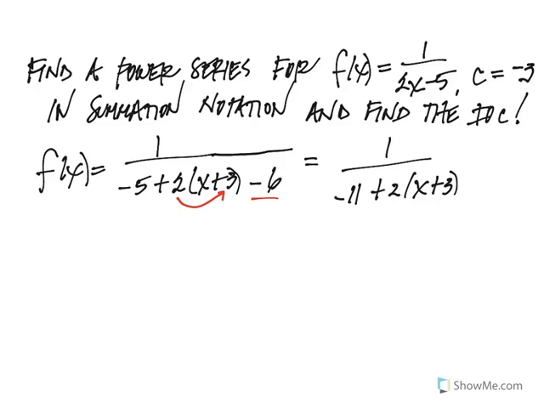Now I need to divide everything by -11 because I need this first term here to be 1, because it is a sub 1 over 1 minus r. That means now my f of x, this gives me f of x then is equal to -1/11 over 1 minus 2/11 x plus 3.